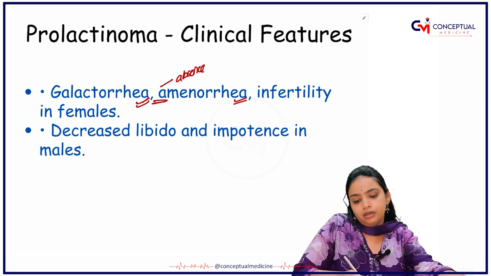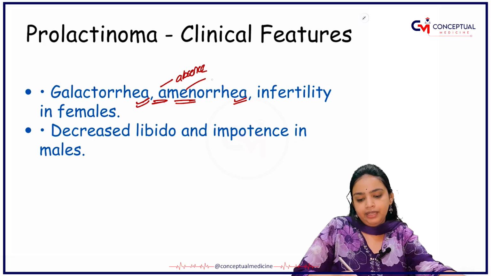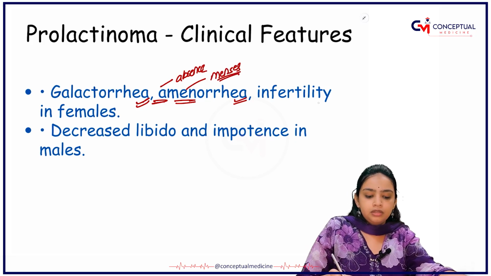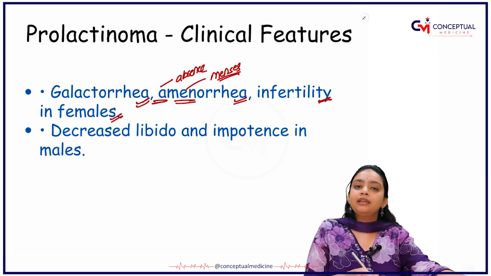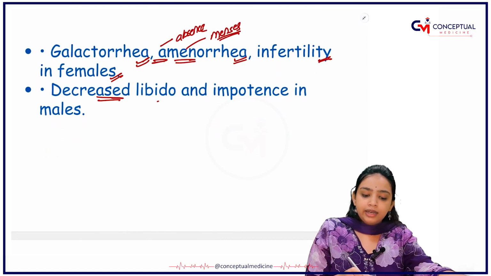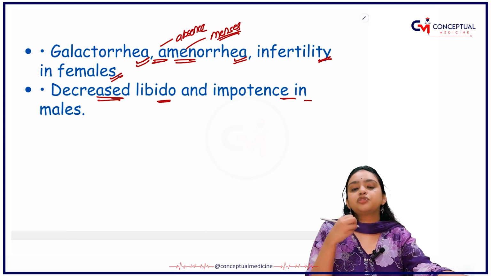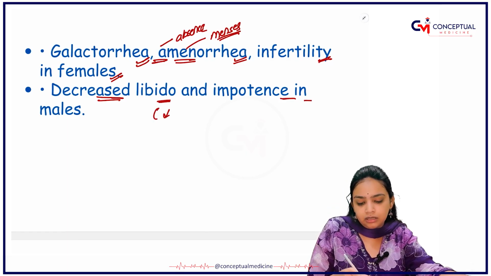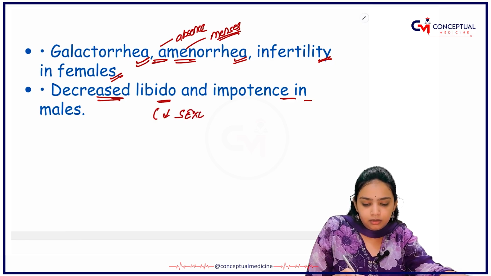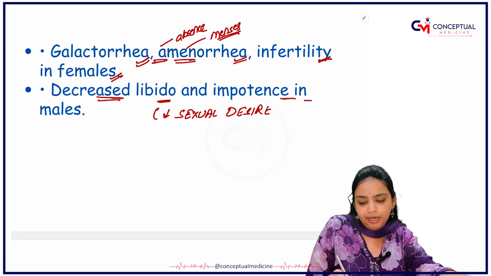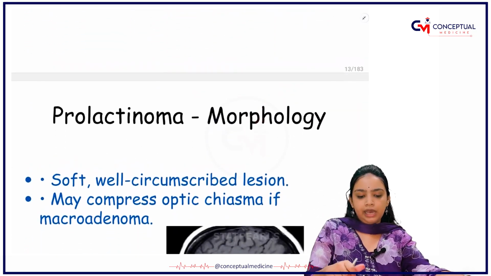Absence of menses. Then there will be infertility in females. Decreased libido and impotence in males. Libido means the sexual desire. There will be a decrease in the sexual desire.